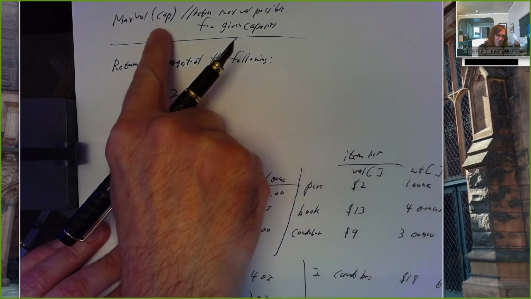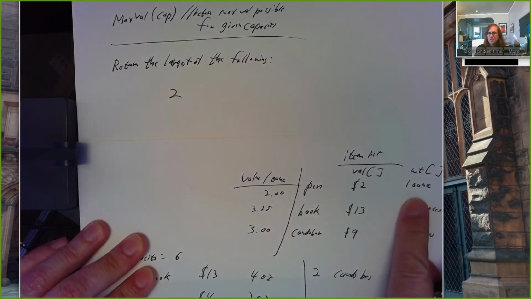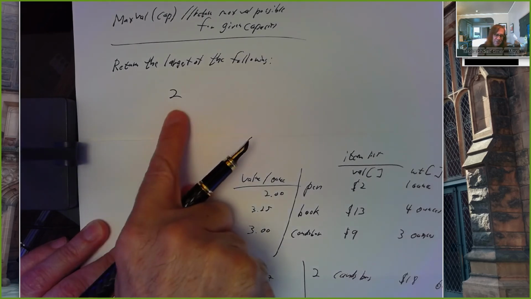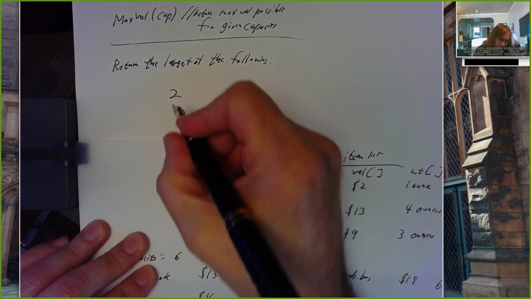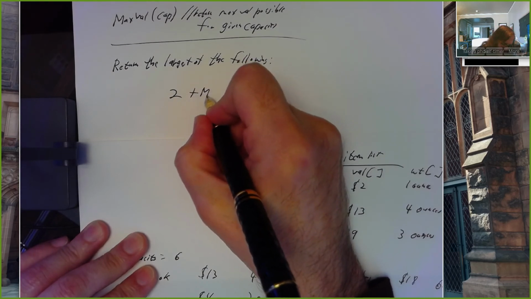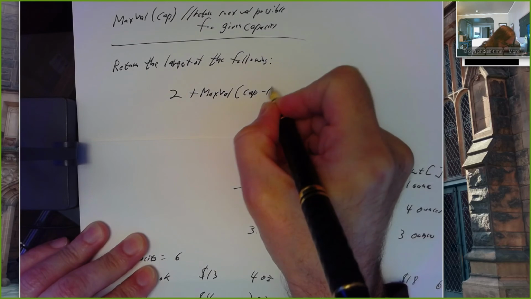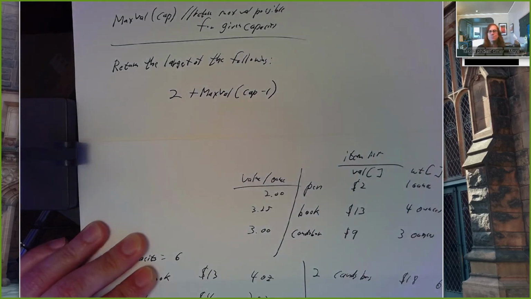It used to be able to hold some capacity, now it holds capacity minus 1. So what's the maximum value I can get from my original bag now? It's the value of the item I just put in, 2, plus whatever the maximum value is that I can get from a bag whose capacity has been diminished by 1 ounce.